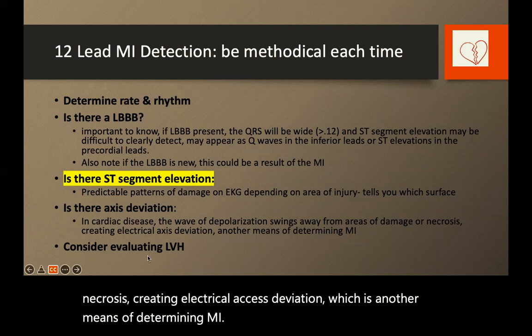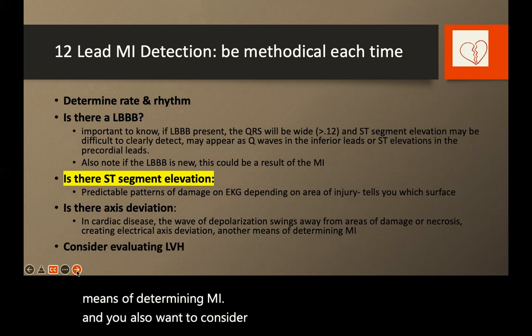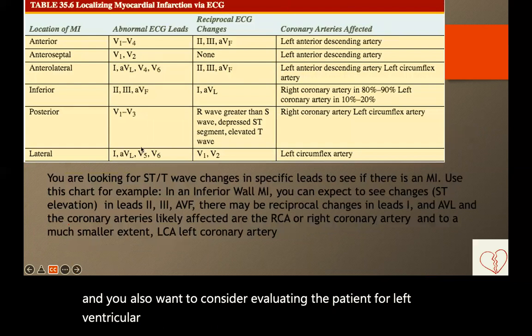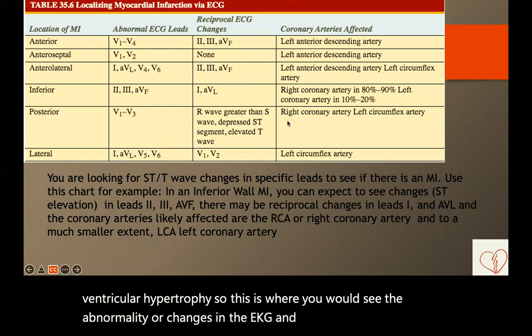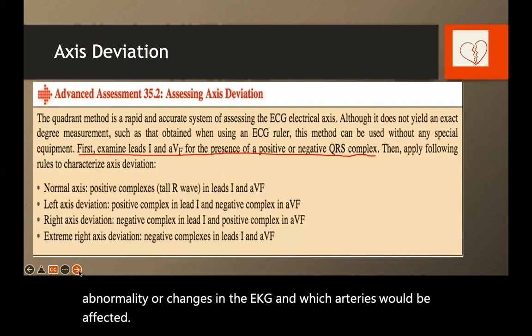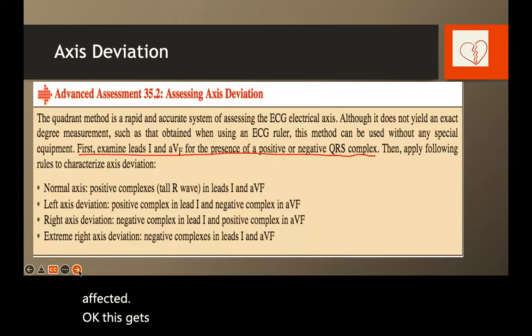And you also want to consider evaluating the patient for left ventricular hypertrophy. So this is where you would see the abnormality or changes in the EKG and which arteries would be affected. Okay, this gets into axis deviation.